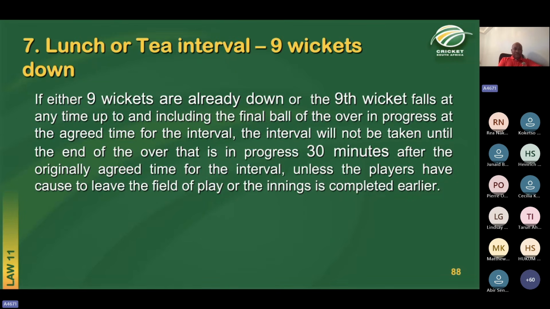So that is why law will allow a maximum of 30 extra minutes at lunchtime or at the scheduled tea time for the fielding side to get a 10th wicket.